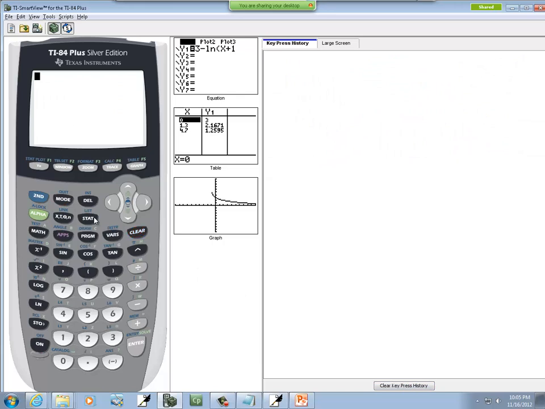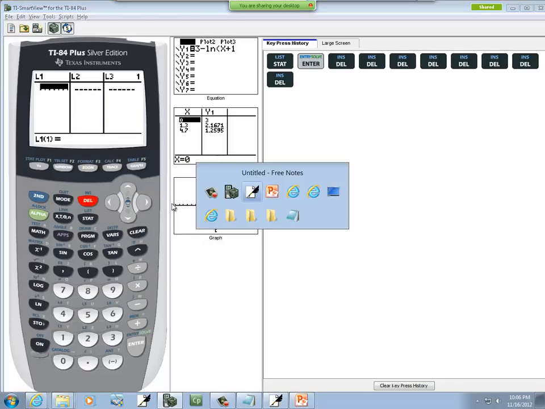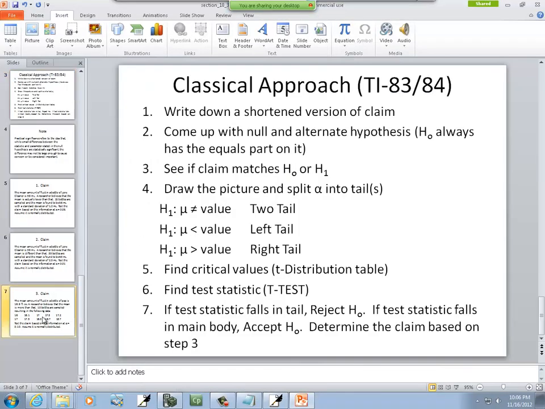And I'm going to go into stat, go into edit, and I'll press delete a few times to get rid of those numbers in there. Now our numbers for this problem are right here.